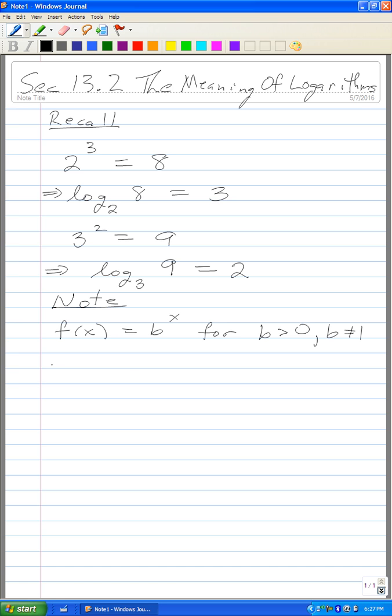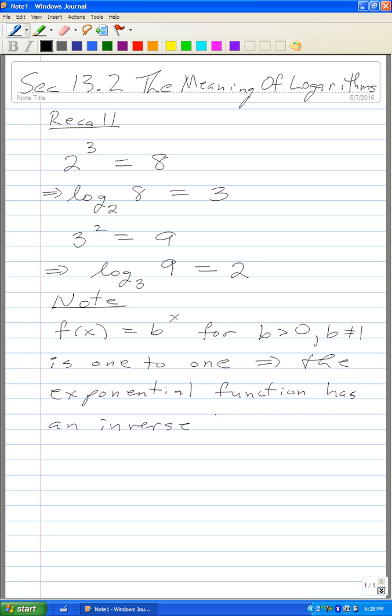Therefore, it has an inverse function, called the logarithmic function.